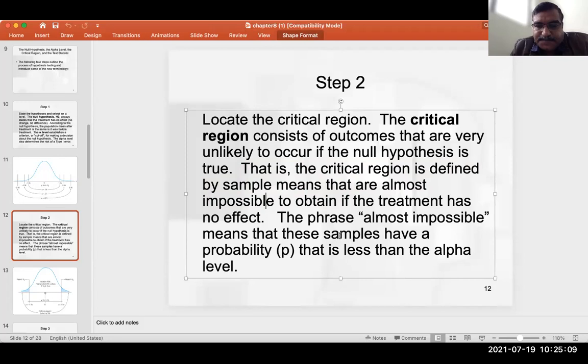If you do some example with Minitab or other software, that will also give the p-value. If p-value is less than alpha, you are going to reject the claim. If p-value is greater than alpha, we have to accept the null hypothesis, right?